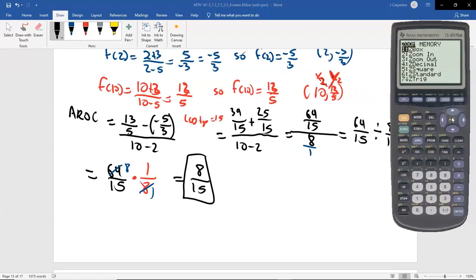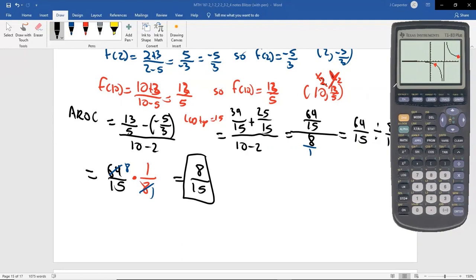It's throwing me off. No, zoom 6. There we go. Okay. So the 2 comma negative 5/3, right 2 was here. And then the 10 comma 13/5, it's right 10, and then 13/5 is here.